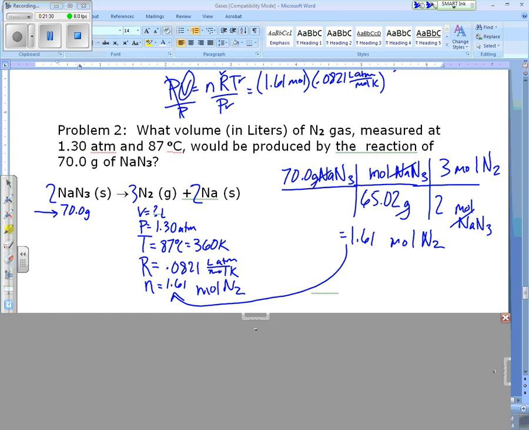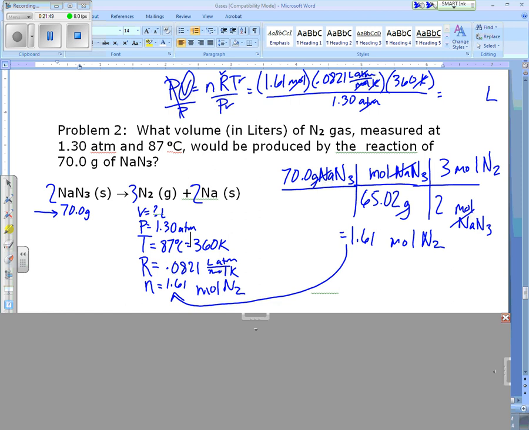Times my temperature, which is 360, divided by my pressure, which is 1.30 atmospheres. Atmospheres cancel, moles cancel, Kelvin cancels, and all I'm left with are liters.